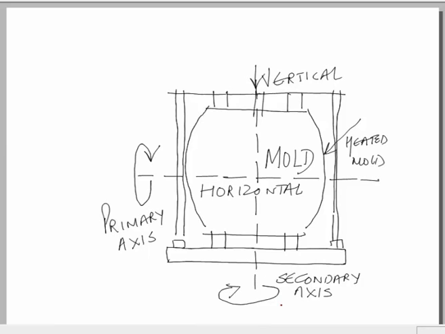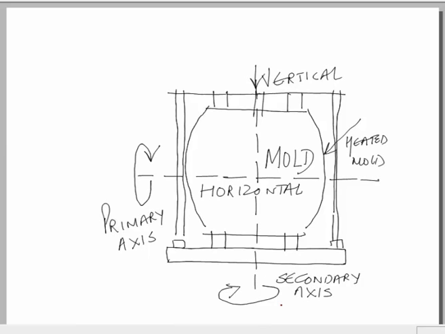Because of the force generated by the rotation of the mold, the raw material is thrown out towards the wall of the mold, and because of the rotation about the two axes the material settles down or conforms to the shape of the mold. Finally, after the material has cooled down, the closed split mold is opened and the final product is taken out from the mold.